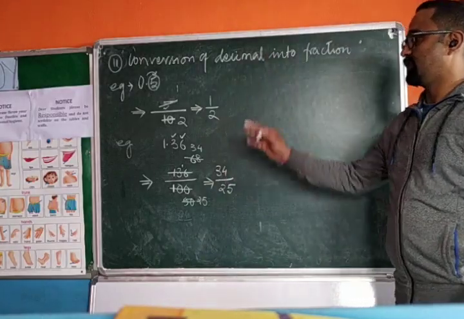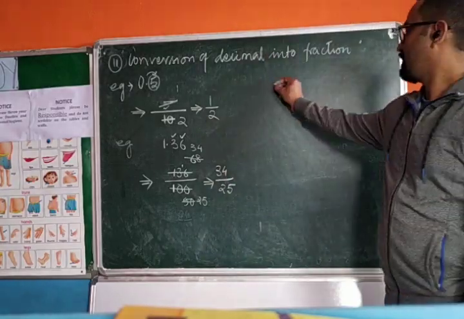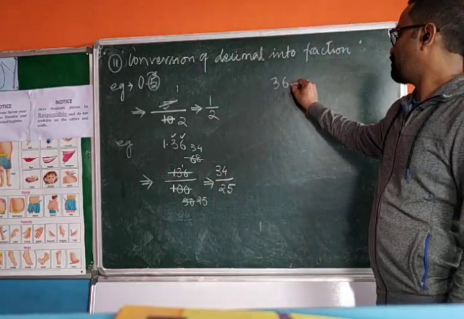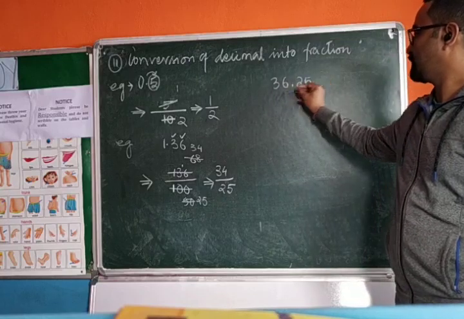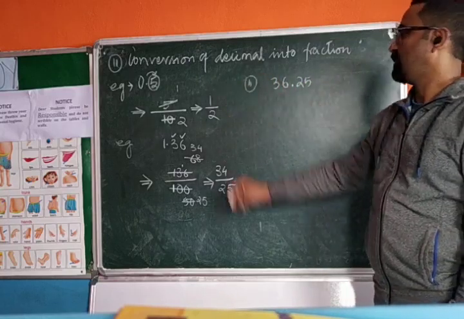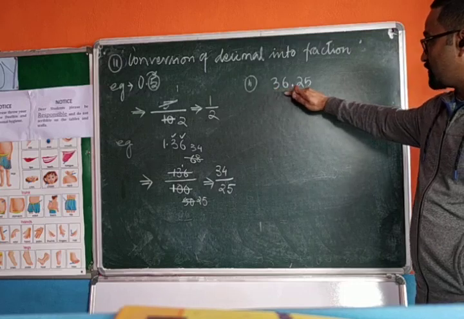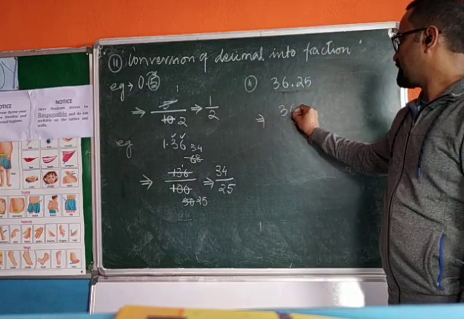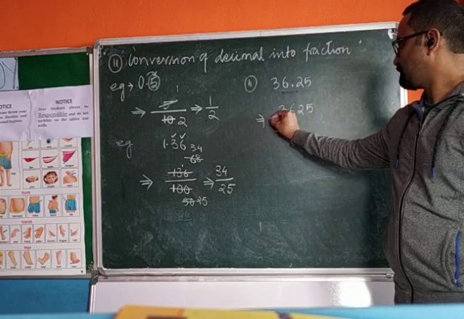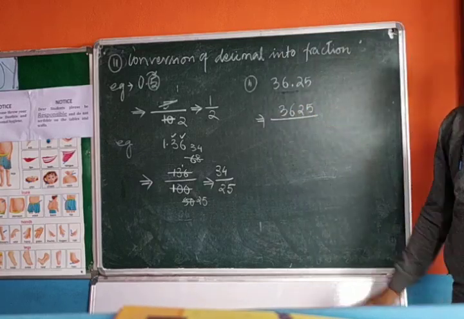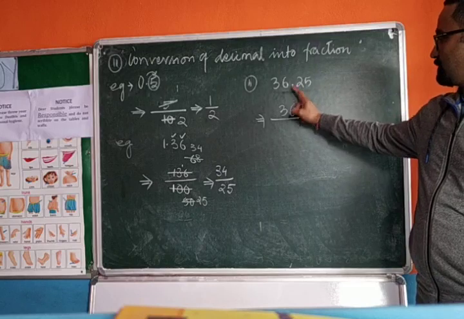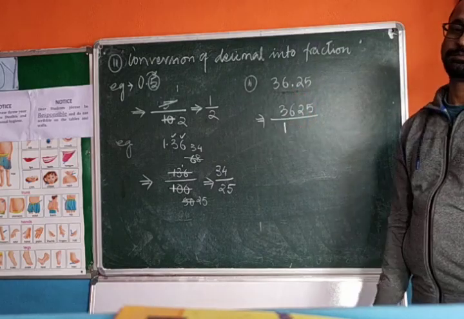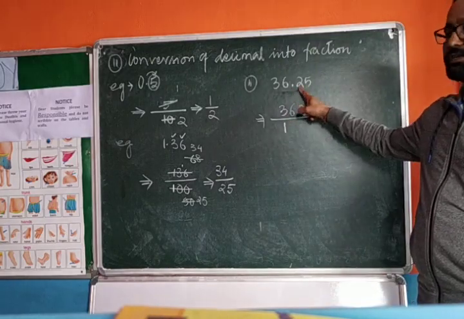Conversion of decimal into fraction. 36.25. Third example. All these numbers you need to copy at numerator. 3625. Draw a line. Decimal means 1. How many digits after decimal?